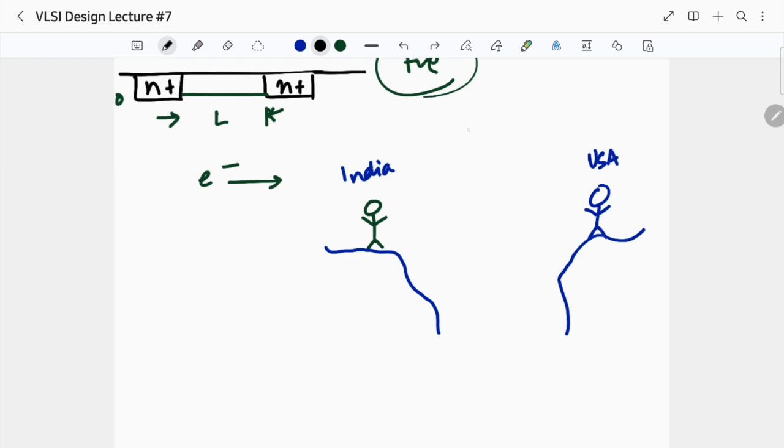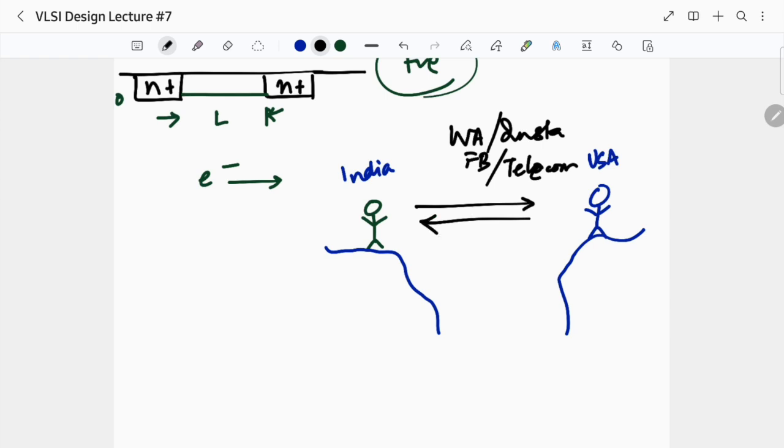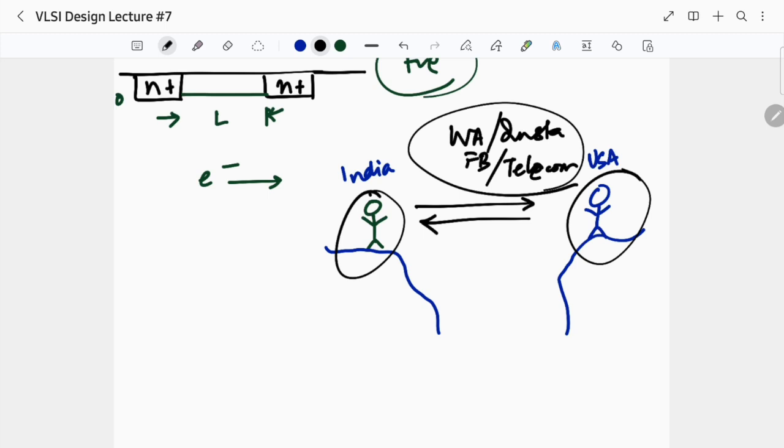Now we have WhatsApp or some other social media platform, or Insta or Facebook, or simply telecom, with which you are able to either directly go for a voice call, or you can go for a video call. So it doesn't even matter if you are separated by distance. Because of this technology, a bridge has formed between you two.